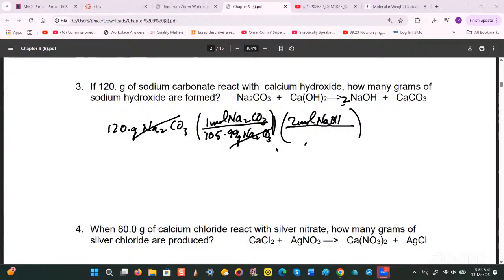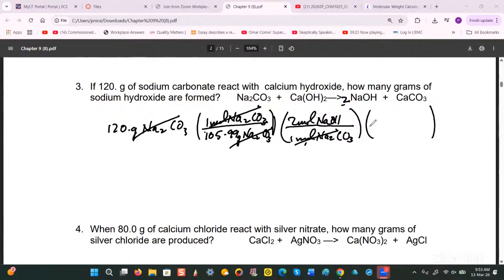Oh, okay. So we're saying this is Bonami Brantley. You corrected yourself. Okay. And your correction is right. 2 moles of sodium hydroxide would be above, and 1 mole of Na2CO3 would be below. Okay, very good. So this will cancel out with this, all right?